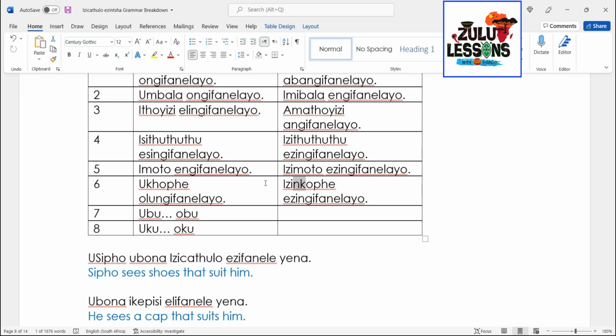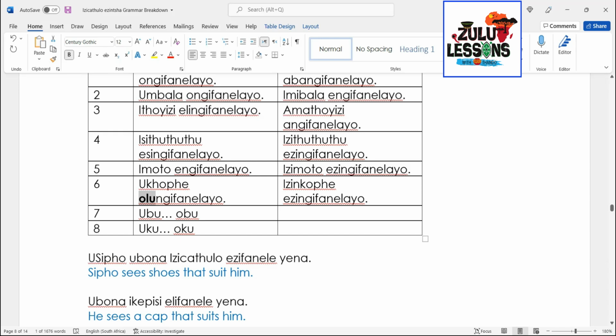So anyway, let's continue. We were saying ukophe olungifanelayo, so an eyelash that suits me. The prefix here, don't laugh at my example, pay attention to what we are working on, which is the prefix for the adjective and or adverb. So in this case, it's an adverb.